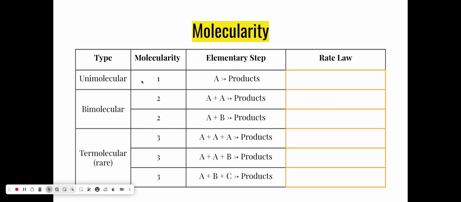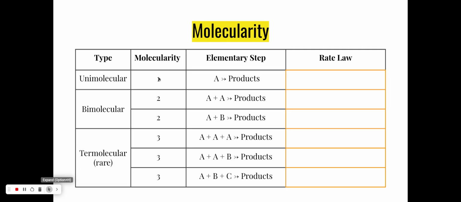Okay, so when we're analyzing our elementary steps within a reaction mechanism, we could have a molecularity of unimolecular, which would just be one singular molecule or atom. We could have bimolecular, which would involve 2.